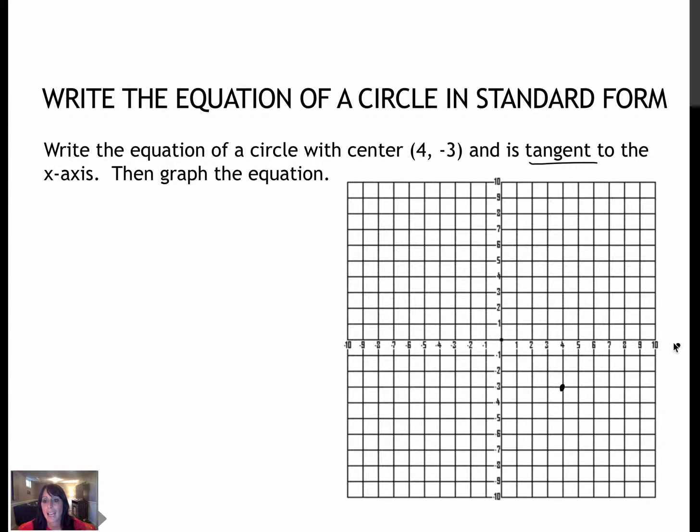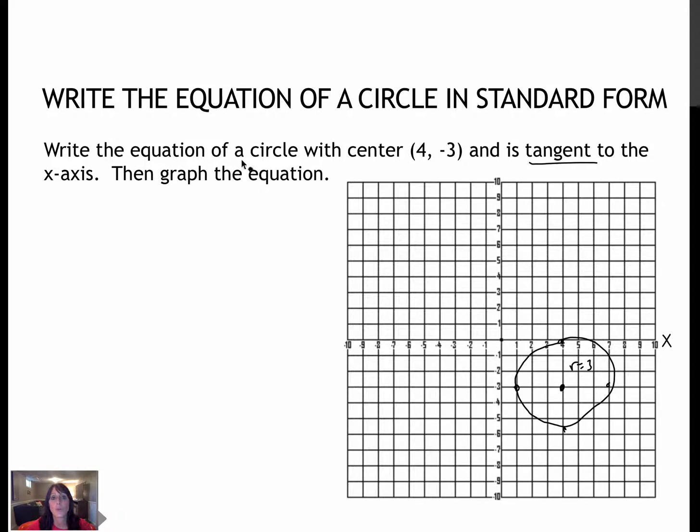So looking at the x-axis, which is of course this one, that means the circle is going to touch right here and then turn around and come back, which means the radius is going to be 3. So 3 units that way, 3 this way, 3 this way, and 3 this way. Connecting the dots. Oh, really bad also, just like last time.